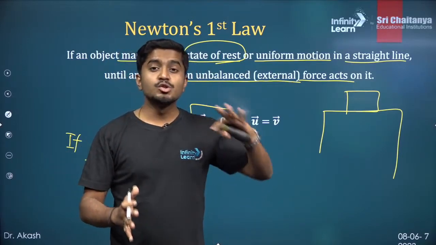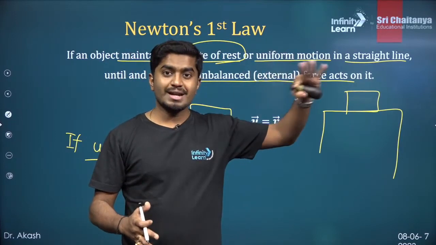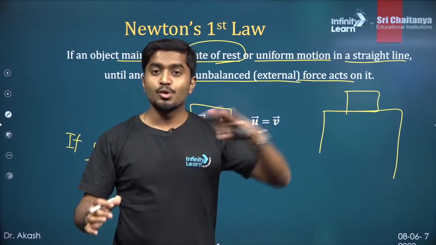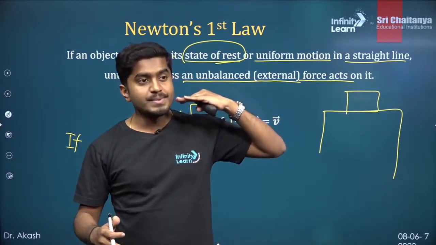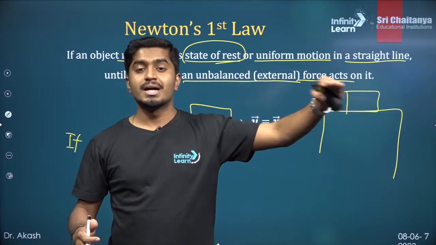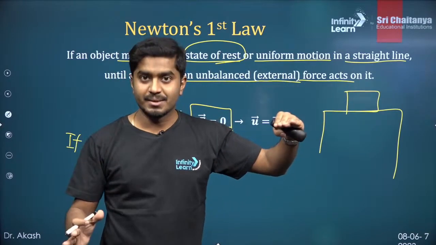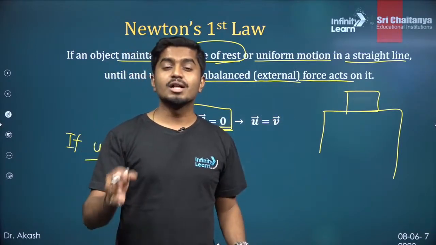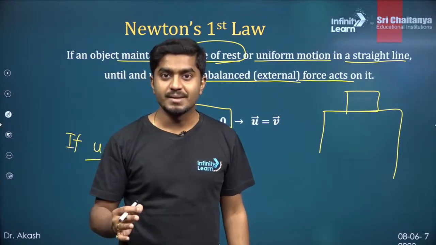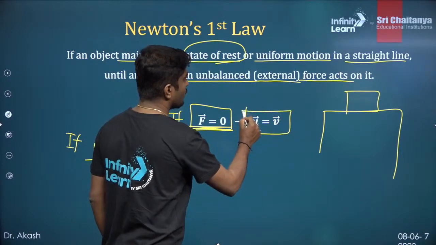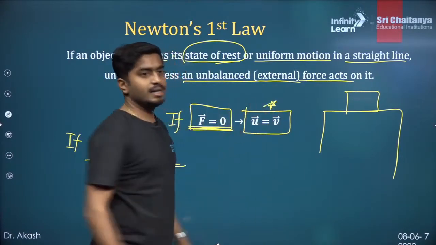So if there is no external force and you are in a region where there is no gravity, and you throw the object, what will happen? The object will continue to move in a straight line. It cannot change its path, and it cannot change its speed. So that means its initial and final velocity will always be equal.